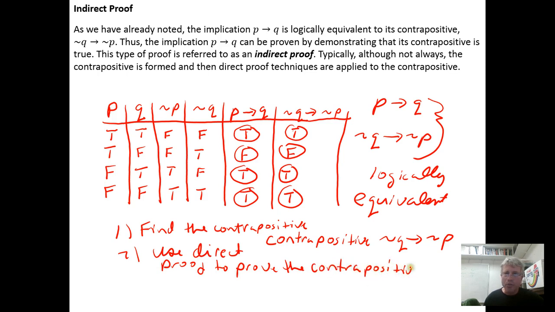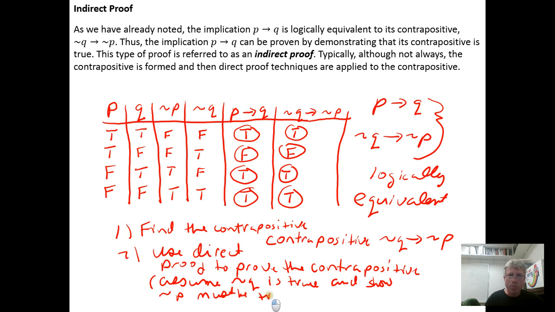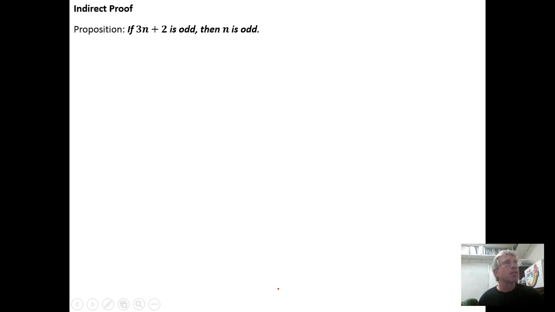In other words, in step 2, we assume not Q is true, and we show not P must be true whenever not Q is true. So here's the basic technique.